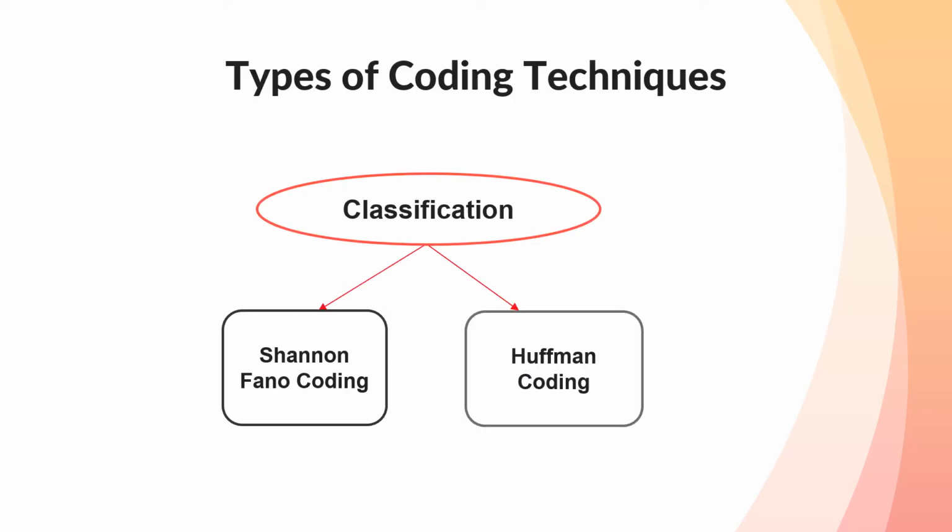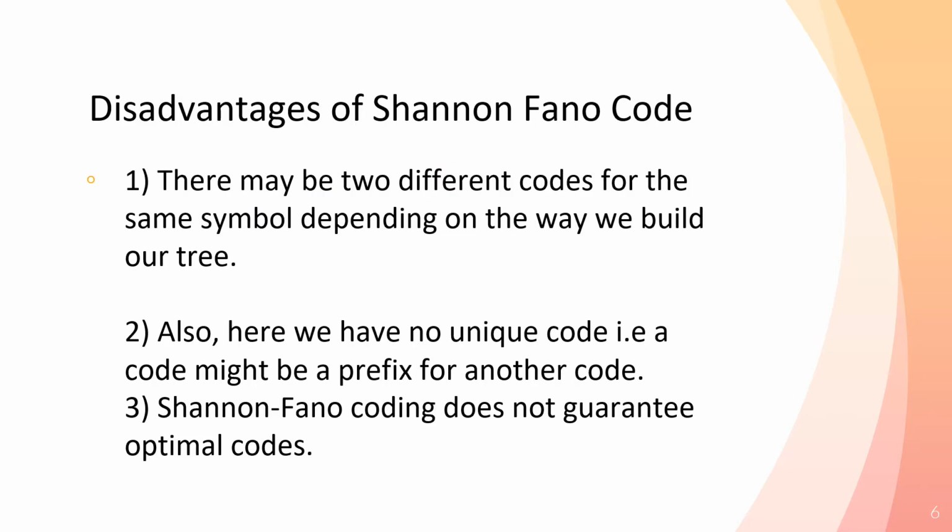The classification of source coding technique includes two categories: Shannon Fano coding and Huffman coding. In the previous videos, we discussed Shannon Fano coding. The main drawback of Shannon Fano code is that there may be two different codes for the same symbol depending upon the way we build our tree.